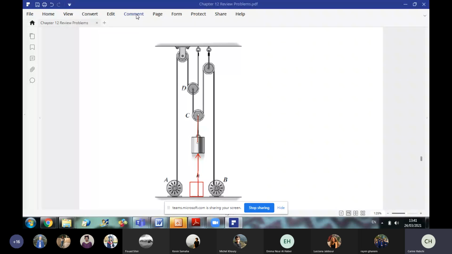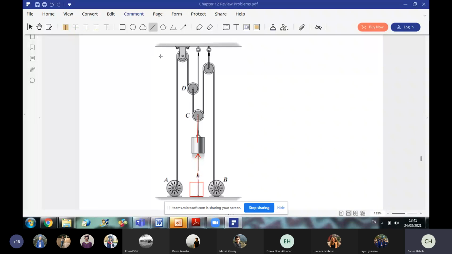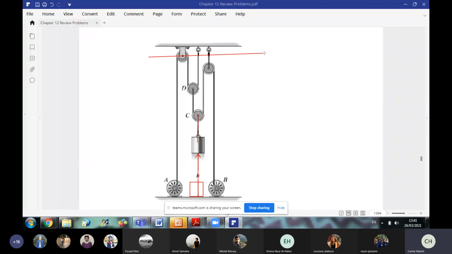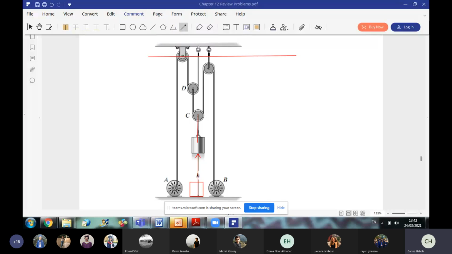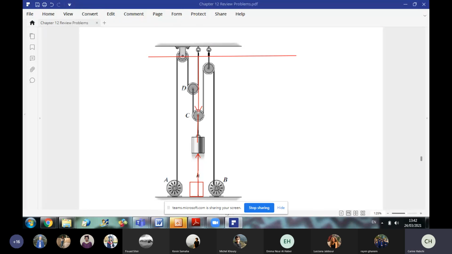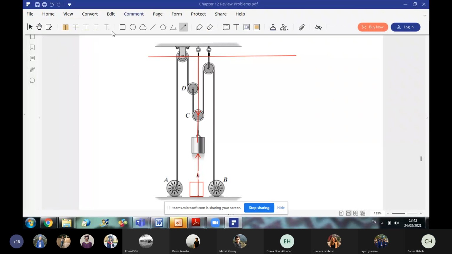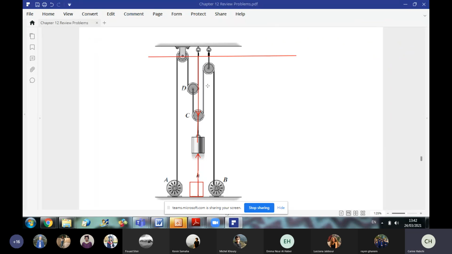If I take a reference line passing through the center of this fixed pulley, which is fixed to the ceiling, then the first coordinate needed is S of C.